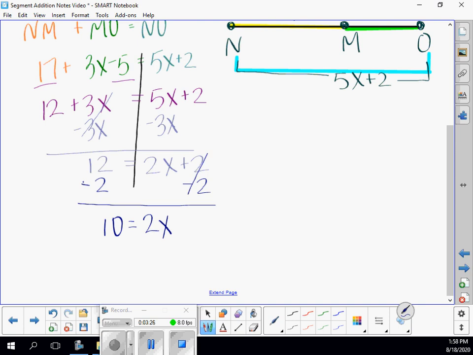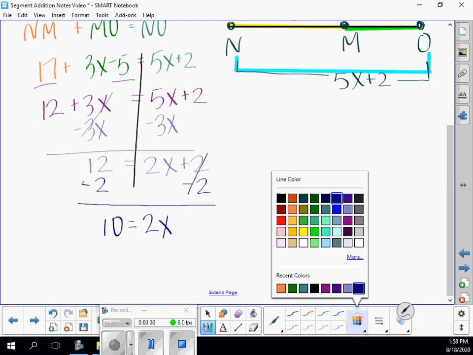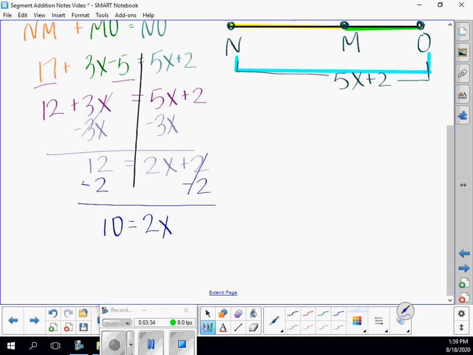Last thing, x is still not alone. There's a 2 there. Well, how is 2 attached to x? It is attached by a tiny dot, which means multiplication. So to get rid of it, we must divide. Divide by 2. 10 divided by 2 is 5. Now, is that what they asked for?